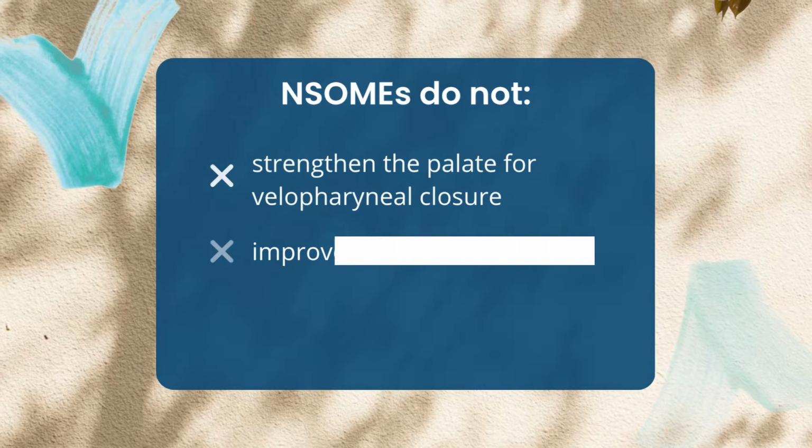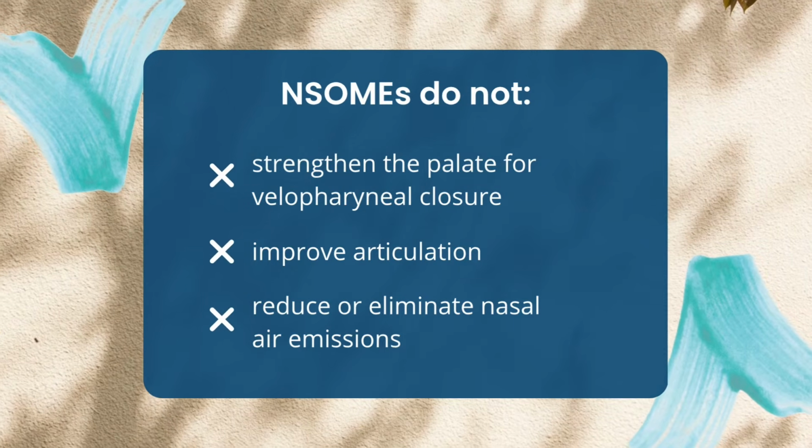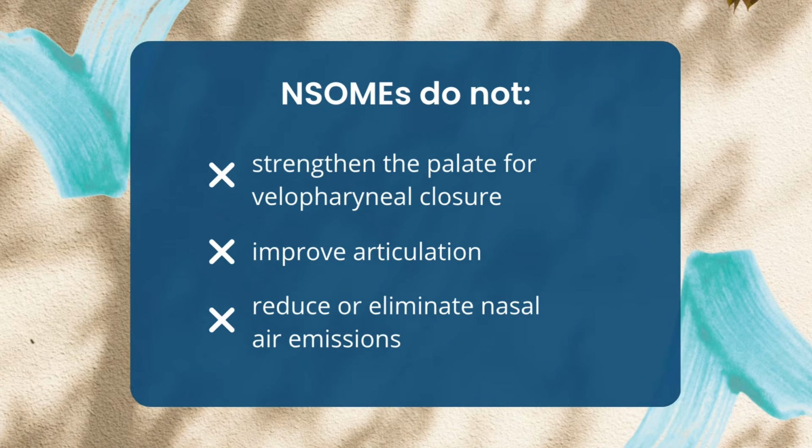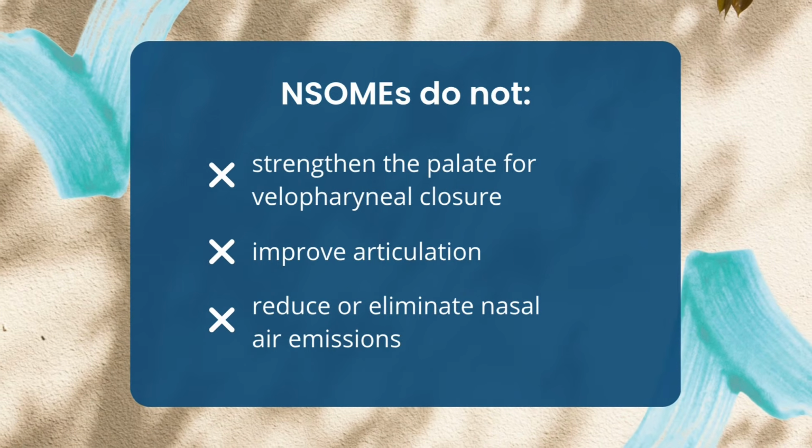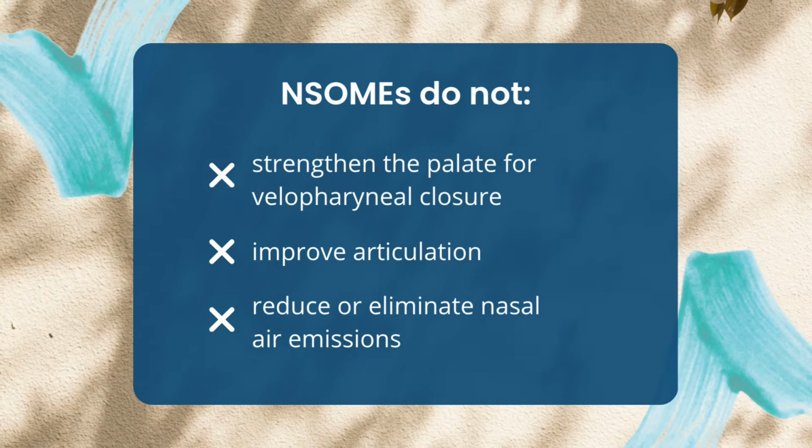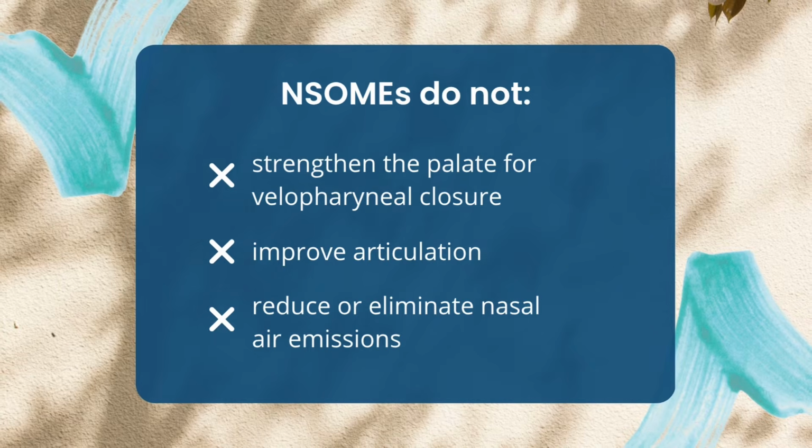It's important to note that non-speech oral motor exercises, things like blowing bubbles, blowing horns, lip stretching, whistling, these are not effective in treating speech sound errors, even in children with cleft palate. Non-speech oral motor exercises do not strengthen the palate for velopharyngeal closure. They don't improve articulation or reduce or eliminate nasal air emissions.